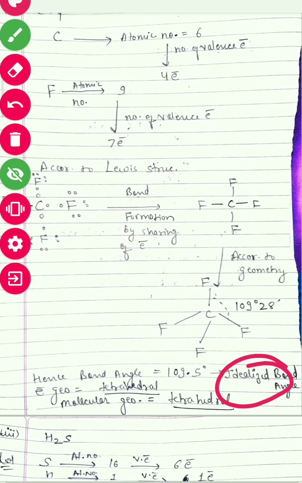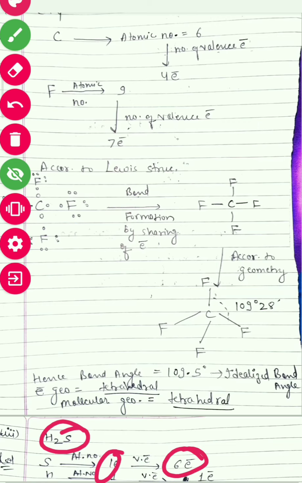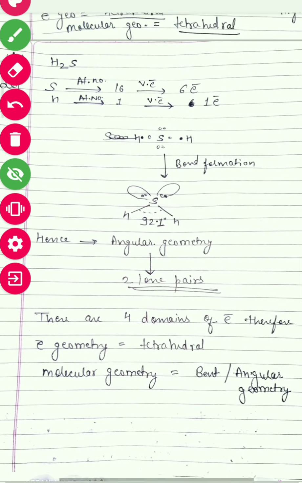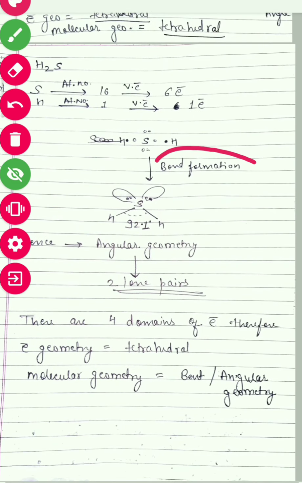Similarly, in H2S, sulfur has atomic number 16, with 6 valence electrons in its outermost shell, and hydrogen has 1 electron in its outermost shell. According to the Lewis structure, these undergo bond formation and make an angle of 92.1 degrees.